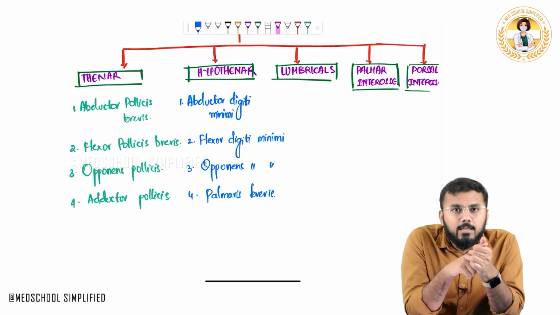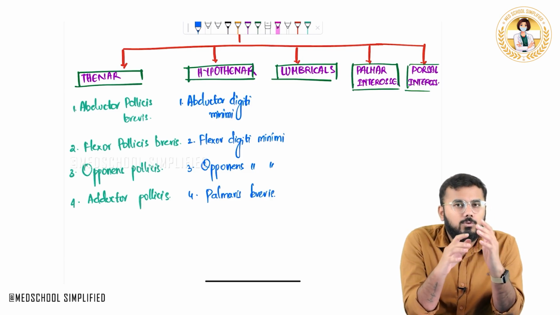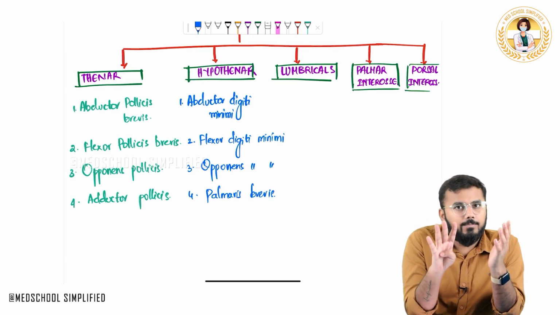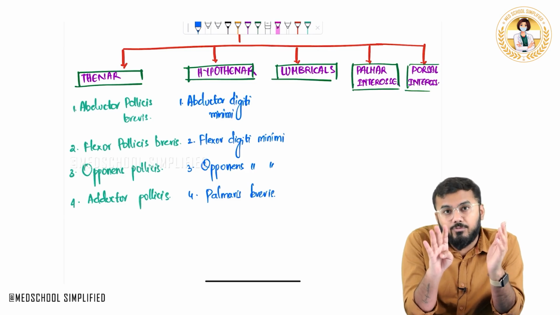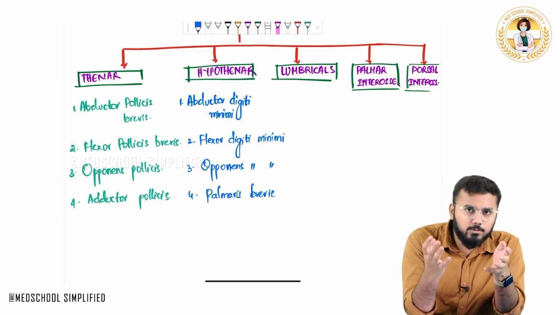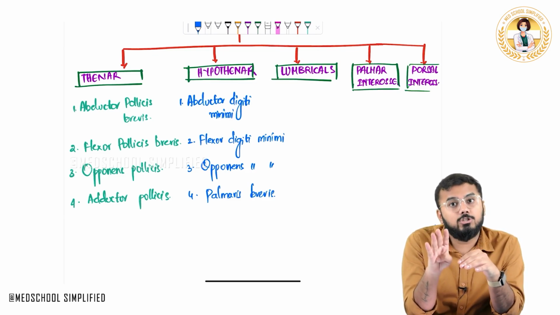And where are these lumbricals located? From my previous lectures, if you have studied the muscles of the forearm, I told you we have 4 tendons. These are the flexor digitorum profundus tendons. Flexor digitorum superficialis also has 4 tendons, but I am talking about flexor digitorum profundus.